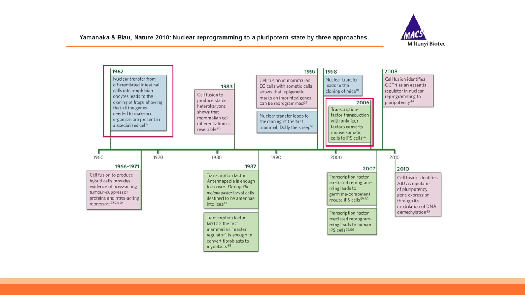And then, much later, in 2006, the Yamanaka lab found out how to mimic this process with transcription factors and maintain these cells in a pluripotent stage.